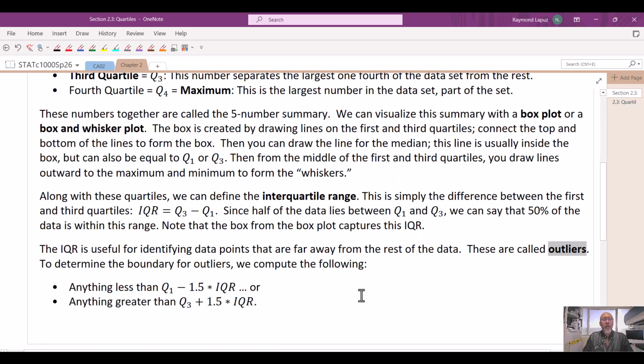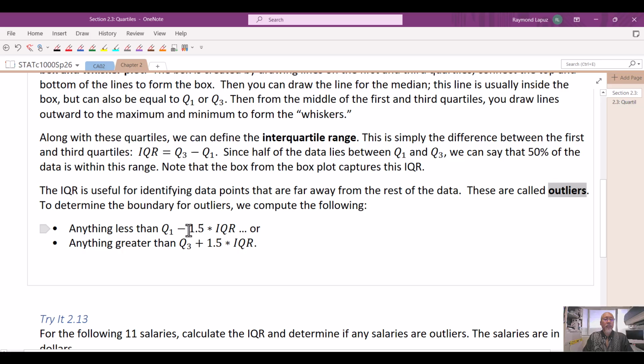So a systematic way of computing that is to figure out what 1.5 times IQR is. So it's 1.5 of that box size that you have in your box plot. Then you go to the left side of the box, which is to say you take your Q1 and subtract this 1.5 IQR, and you'll see outliers that are small numbers, smaller than the data set.